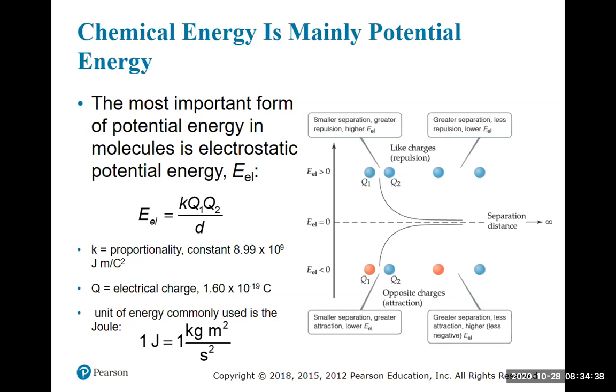One thing that's helpful is to remember the units. Usually we talk about energy in joules, but joule is just a shorthand for kilogram meter squared per second squared.